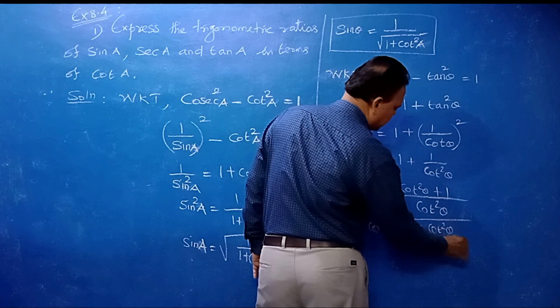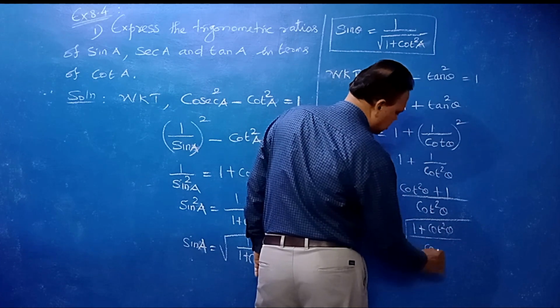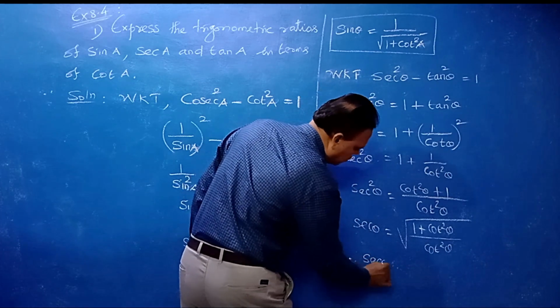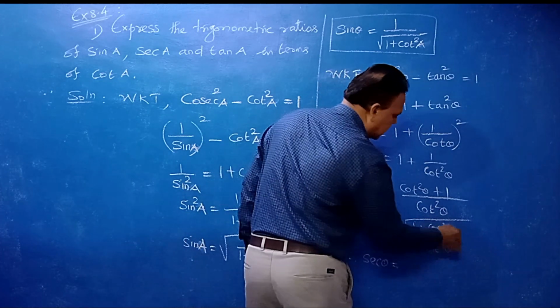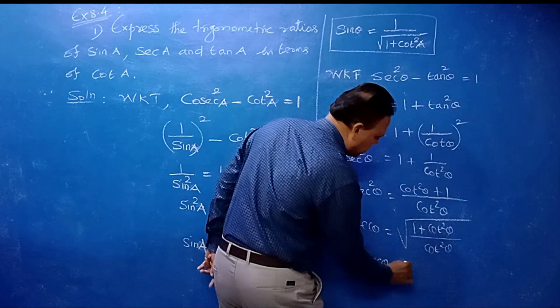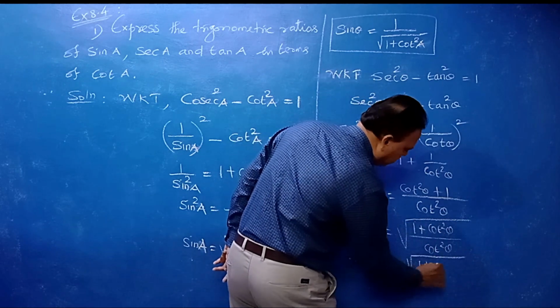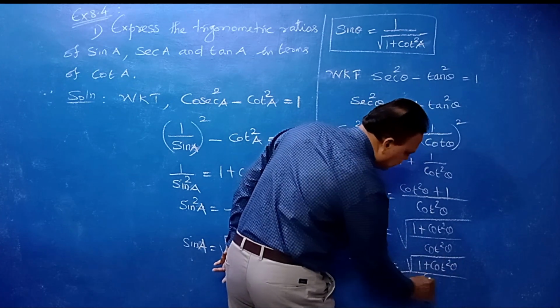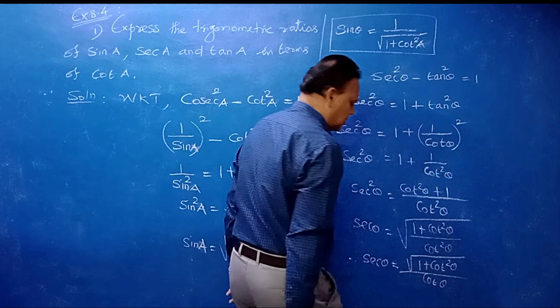This can be written as 1 plus cot square theta, over cot square theta. Therefore secant theta equals root over 1 plus cot square theta by, taking the square root of the denominator, cot theta.